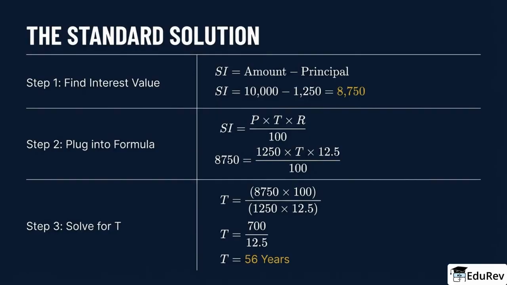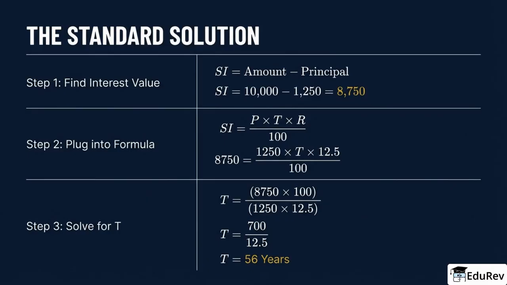Let's solve this using the standard step-by-step method most students follow. Step 1 is to find the interest earned. Amount minus principal gives us the simple interest. 10,000 minus 1,250 equals 8,750. Step 2 is to plug this into the simple interest formula. SI equals P times T times R over 100.